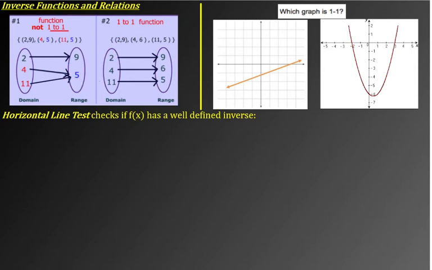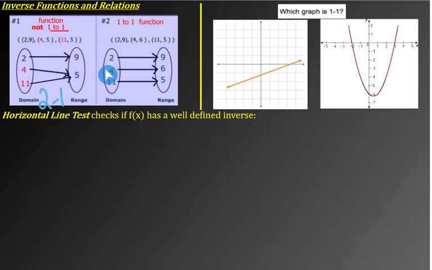Something that is not one-to-one just literally means you have some things in your input that go to one thing. Like here I have two things, 4 and 11, that both go to 5. So this is an example of a function that is actually 2-to-1. Two things go to one thing.